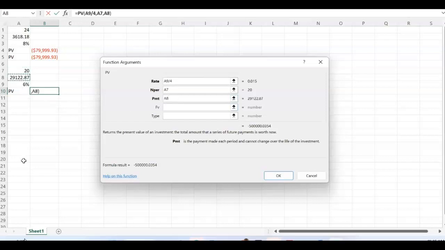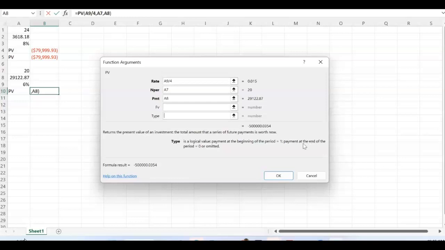Payments is that box, right? And just doing that, I'm gonna leave the type here, either 0 or blank. 0 or blank, that means ordinary annuity. And if I click here, you will see, okay, 0 or blank means ordinary annuity.